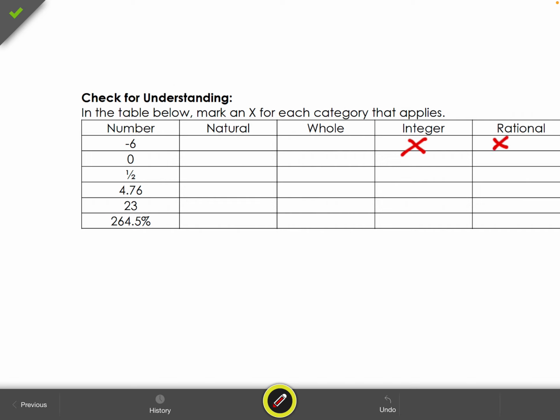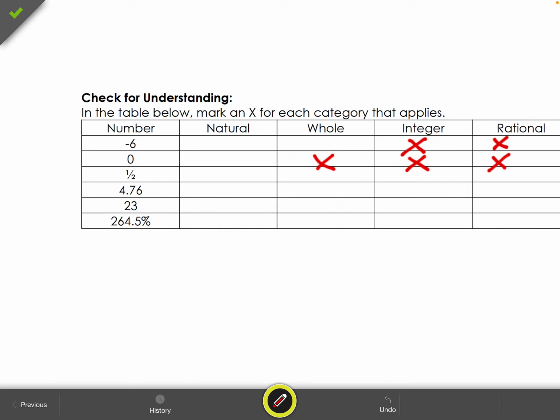All right, moving on to 0. 0 is not a natural number. It is not one of our counting numbers. It is a whole number, though. Since it is a whole number, it is also an integer. And we know that it is rational because we can write it as a fraction. 0/1, 0/5, 0/1,000,000.